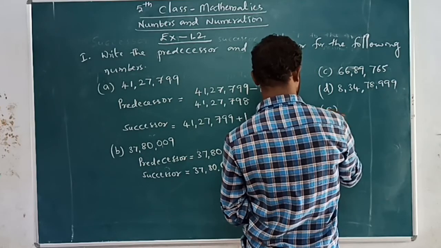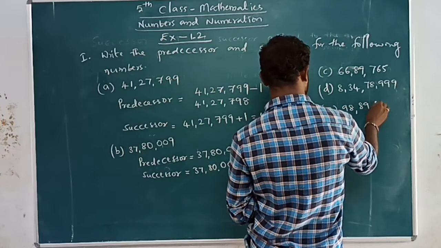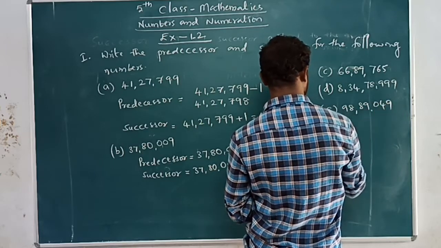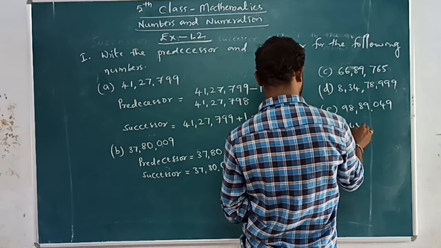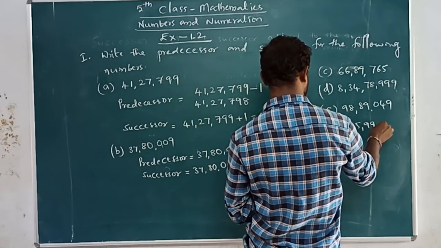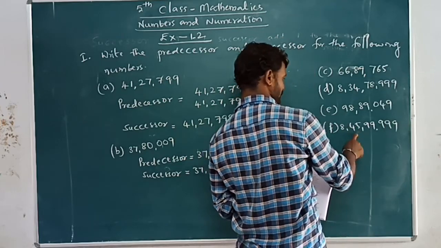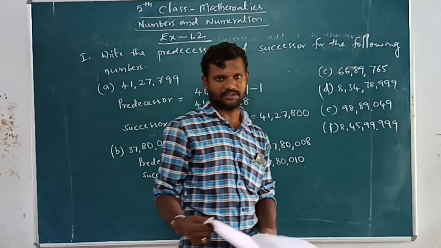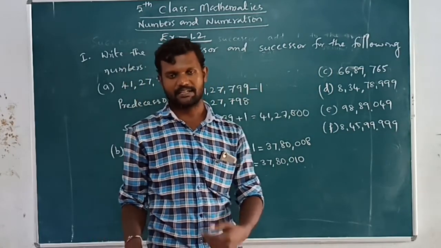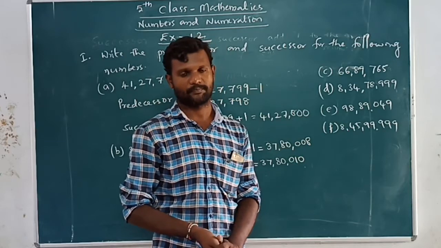Next E. 98 lakh 89,049. Next F. 8 crores 45,99,999. 8 crores 45 lakh 99,999. So these are the numbers given. You write the successors and predecessors for those given numbers.